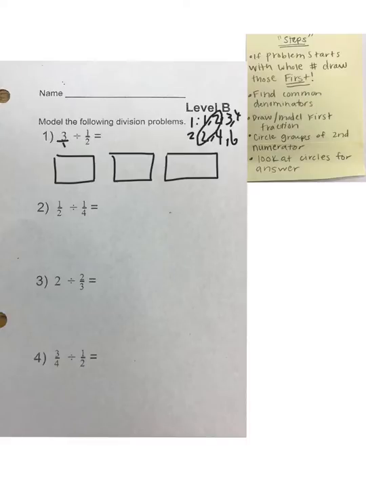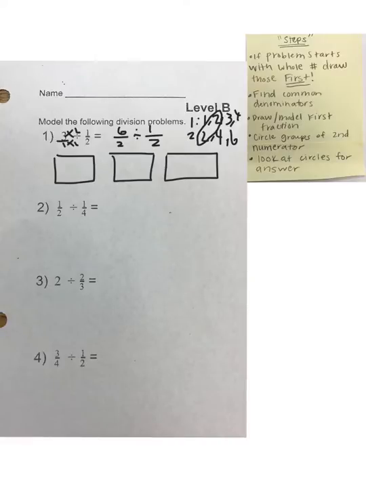So we are going to multiply the first fraction by 2, and the second fraction we are going to multiply by 1, which is just keeping it the same. So we are now looking at 3 times 2 is 6. And 1 times 2 is 2, so 6 over 2 divided by 1/2.